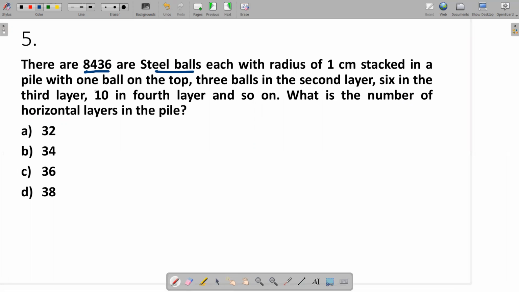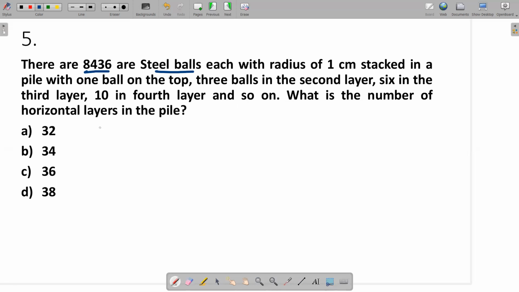They are stacked in a pile with 1 ball on the top, 3 on the second layer, 6 on the third layer, 10 in the fourth layer, and so on. The question is, what is the number of horizontal layers in this pile?